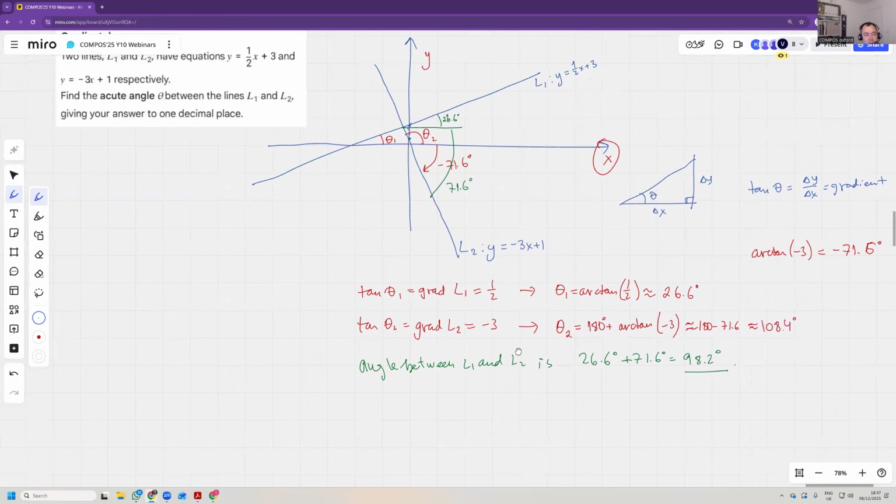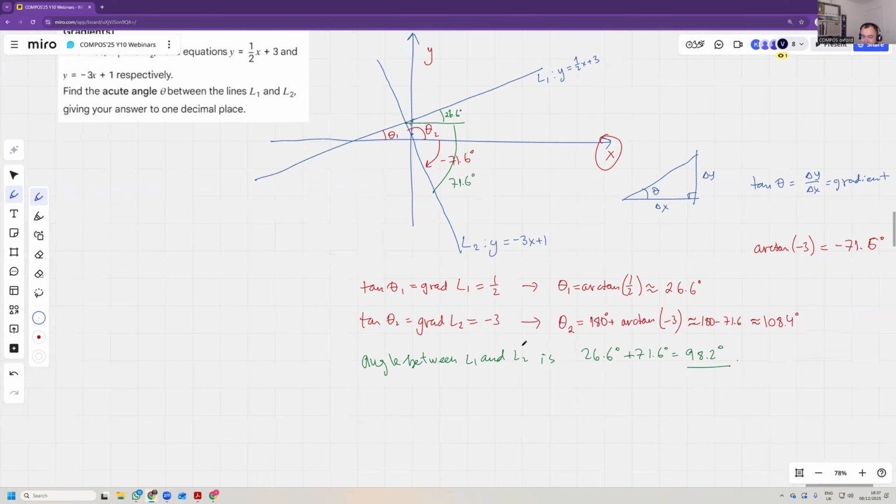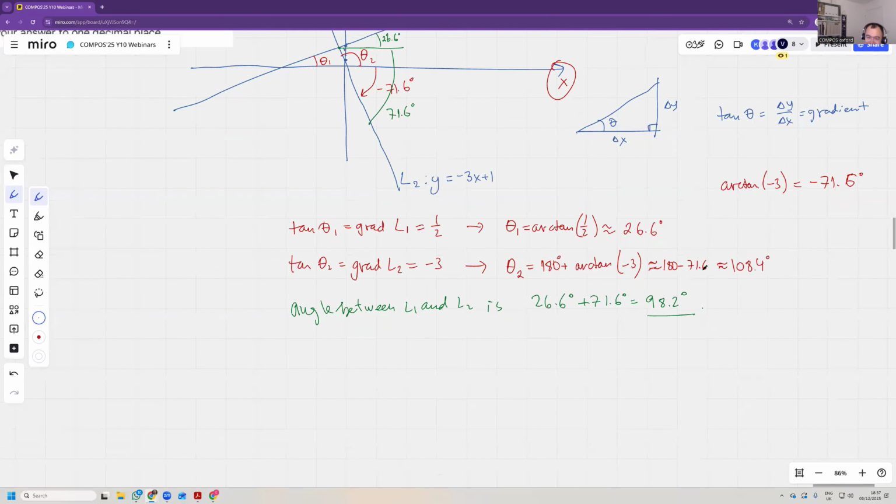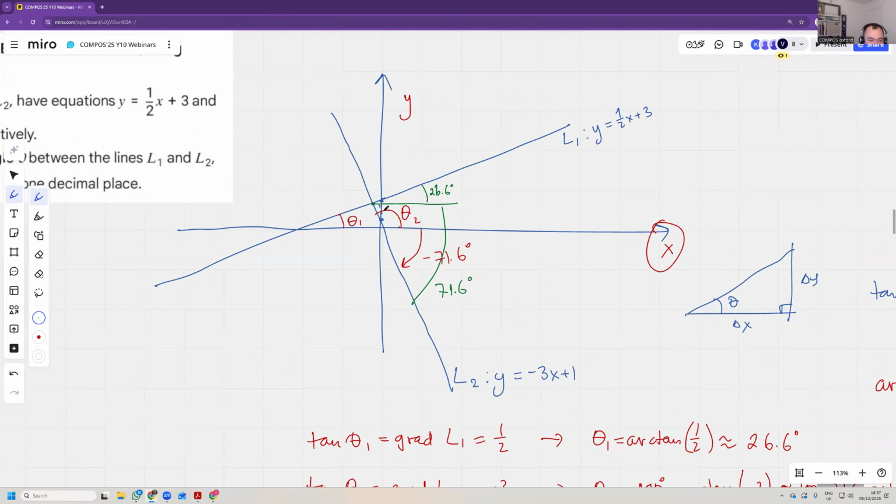Oh, that's not an acute angle. That's obtuse. So we need the other one, because if this angle is 98.2, then this one is 180 minus 98.2.